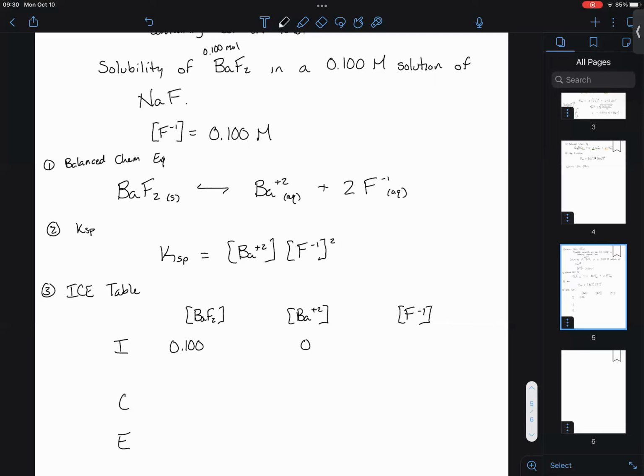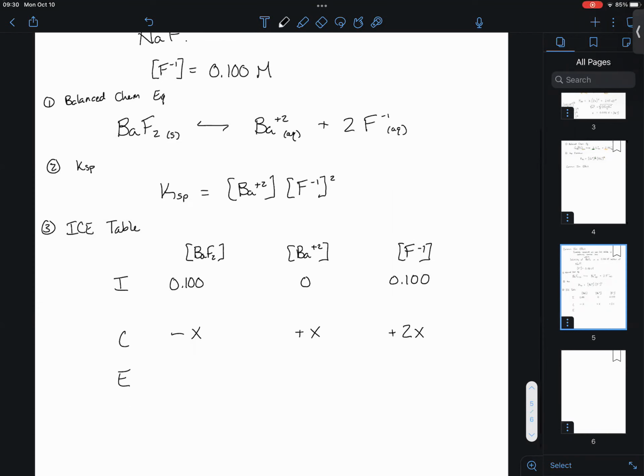So I'm going to start out with 0 of my barium fluoride, but now I have this initial concentration of fluoride ions here. My barium fluoride concentration is going to go down as it dissociates into barium ions and 2 fluoride ions.